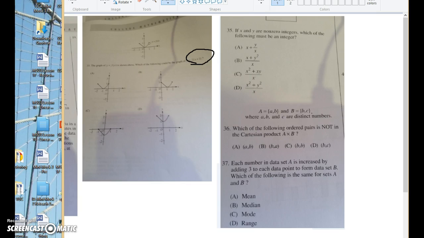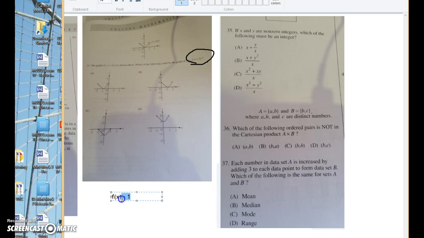Now, if it had said something like f of x equals, instead of x minus 1, notice how that changes on the outside of the parentheses.